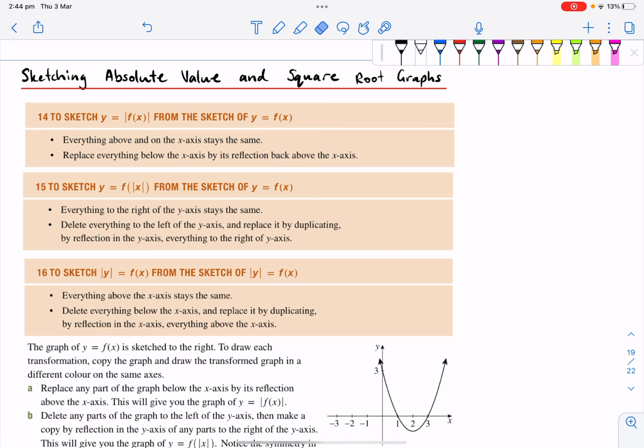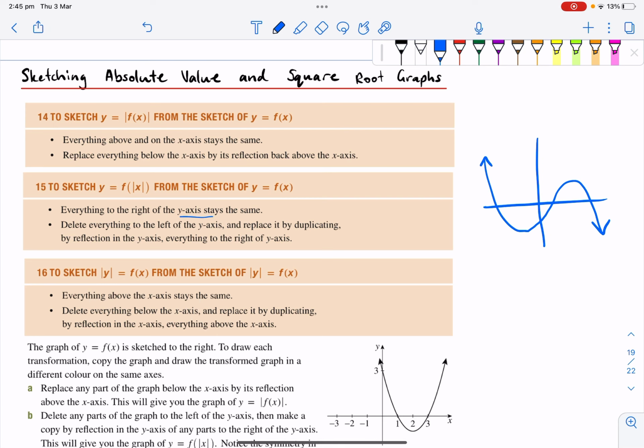Now let's look at the next one: sketching y equals f(|x|), so that we're just making the x values positive. Let me do a graph like this. Look at what it says: everything to the right of the y-axis stays the same. This remains as it is.